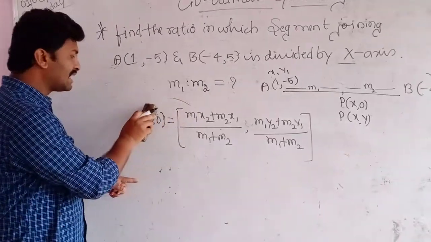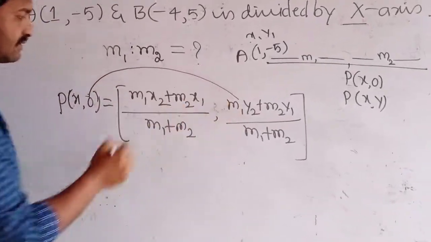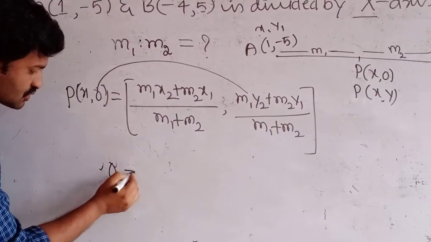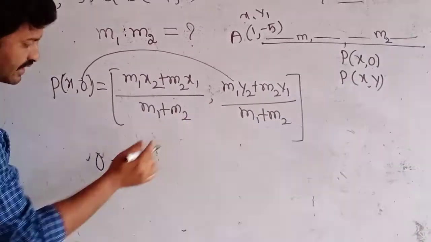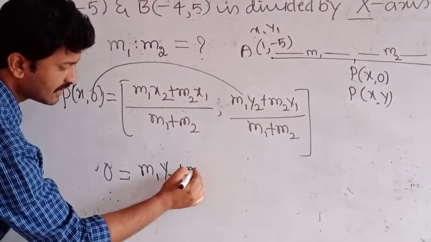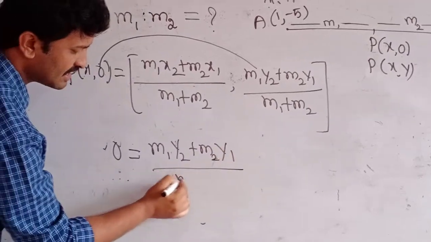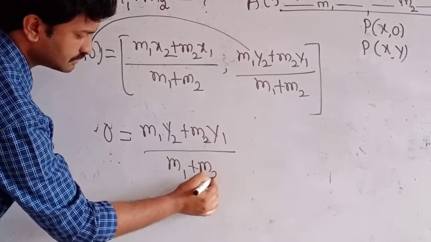For that, I will consider the y coordinate: 0 equals (m1 y2 + m2 y1) divided by (m1 + m2).